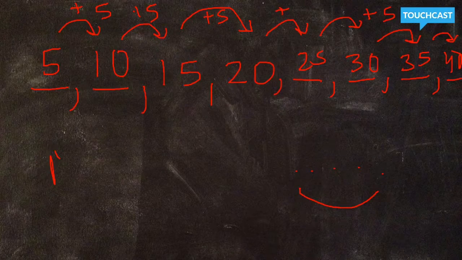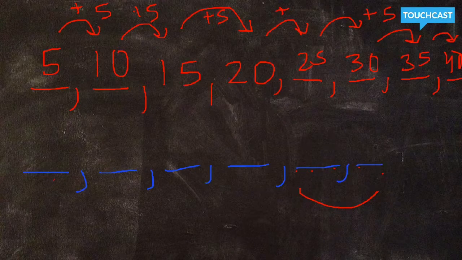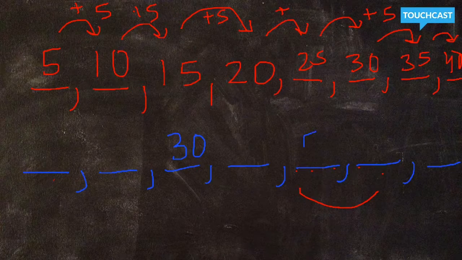Let's try another one of those. So let's say you see, I'll do this one in blue, this pattern, and you need to fill in the blanks to figure out what this is skip counting by.